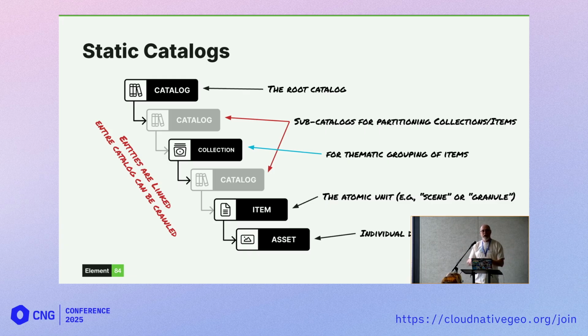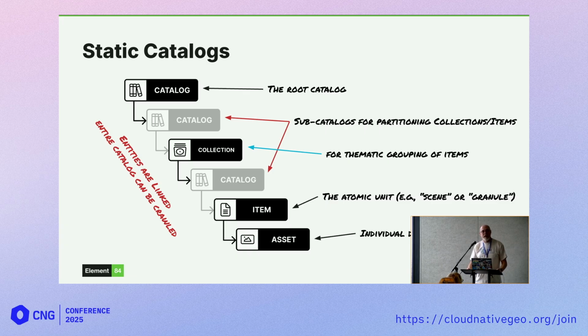Like we might have a bunch of different MODIS collections, and so we put those under a subcatalog called MODIS collections, and then all the collections appear under there. Or we might want to divide and partition our items up by year. We could do that. But all of these entities are linked together, and so the entire catalog can be crawled from the root catalog down to the ultimate useful atomic unit, which is an item.